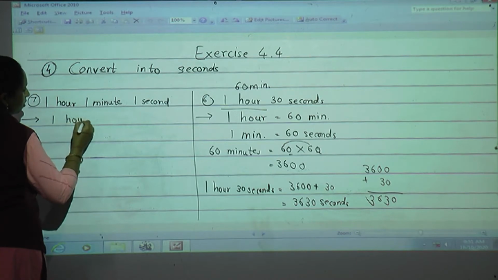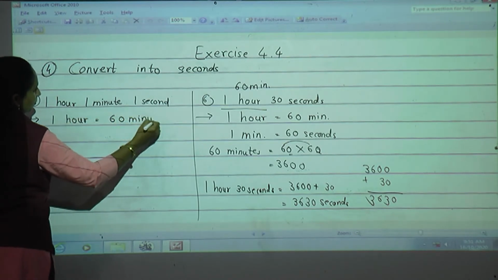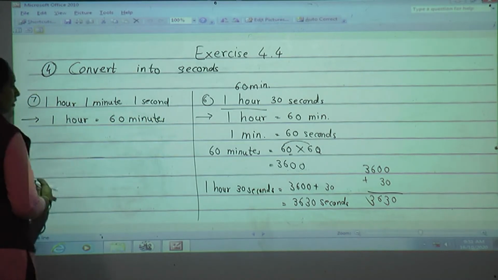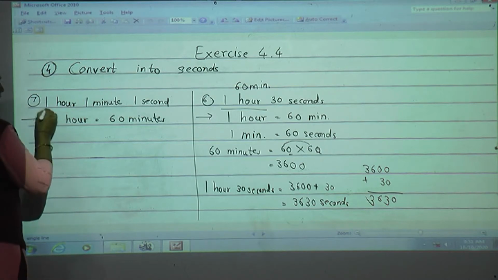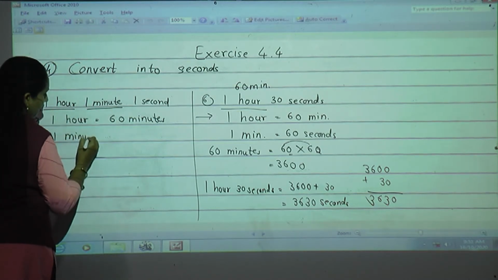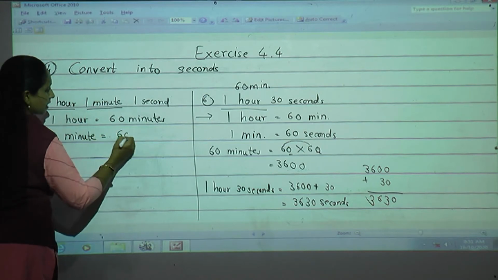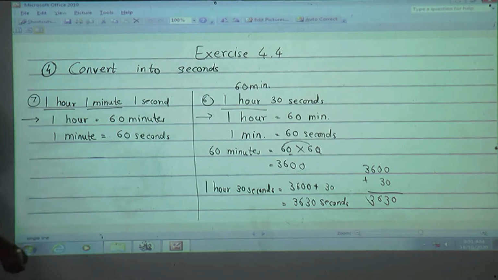1 hour is equals to how much, students? 60 minutes, isn't it? So we have converted hour. Now 1 minute, this is done. Now this one, 1 minute is equals to how much? 60 seconds, isn't it?